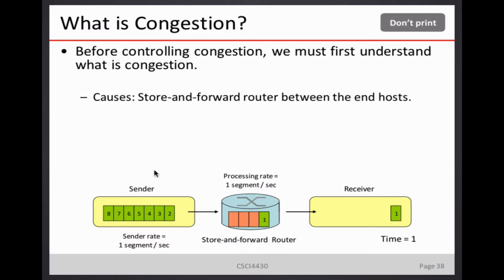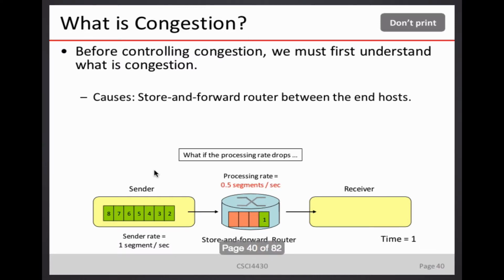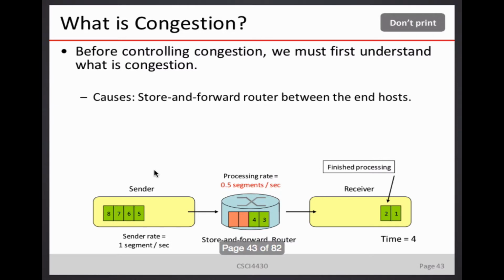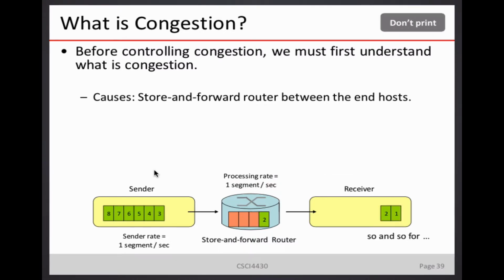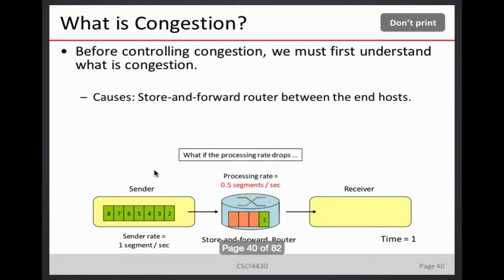In the first second, this packet will transfer to here, and then it may eventually transfer to the receiver side, and so on and so forth. Under this scenario we are okay. How about I halve the processing rate of the router?